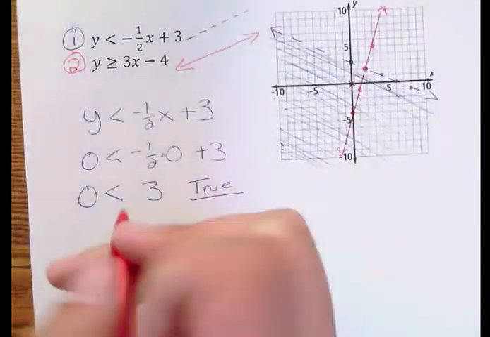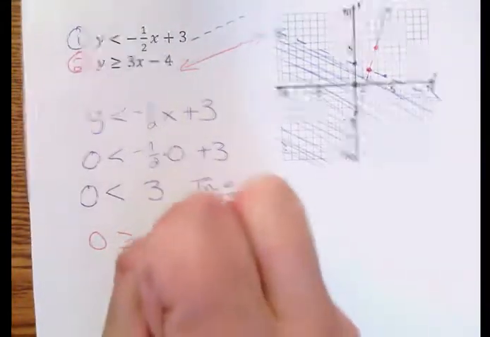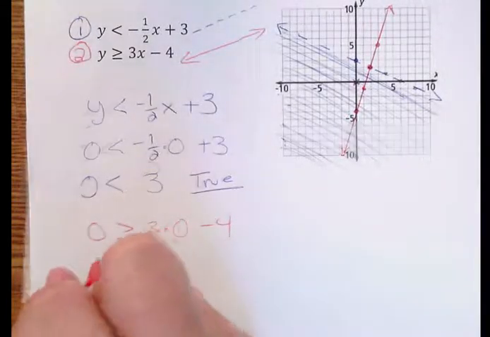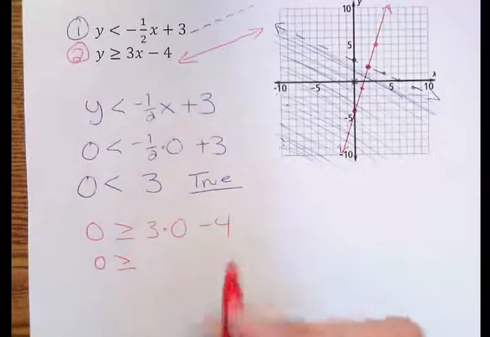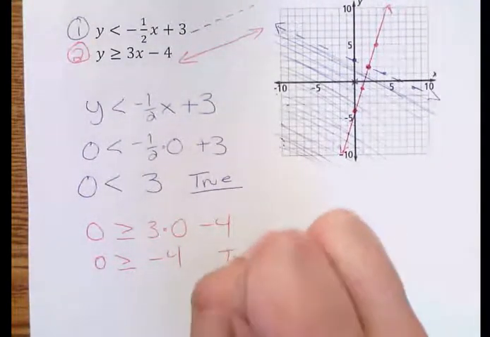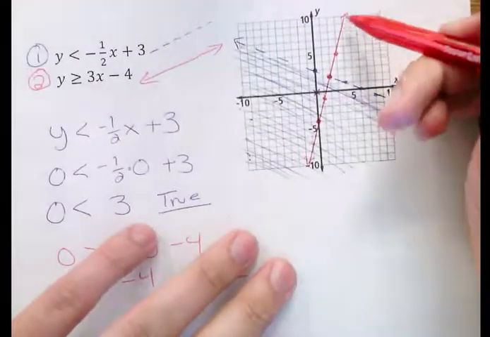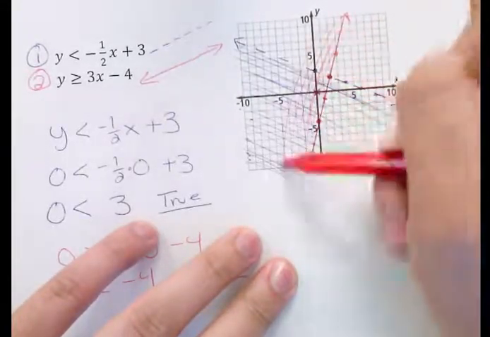So if I plug in 0, I have 0 greater than or equal to 3 times 0 minus 4. Simplifying, 0 is greater than or equal to negative 4. This is true. So since it's true, I'm going to shade towards the 0, 0. Looking at the red line, towards 0, 0 is this left side.